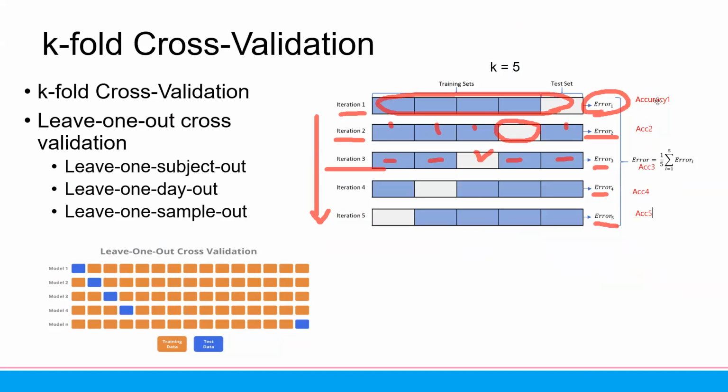And if we already have all the accuracies, we can measure the average. So the average will be used. This is the error average, 1 divided by 5, times the summation of the errors. If we use accuracy, we can just do the summation of the accuracy and then divide by 5. So that will be the final accuracy measure.